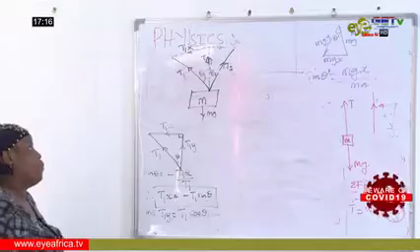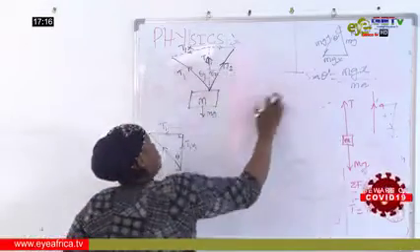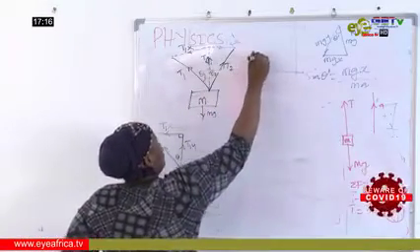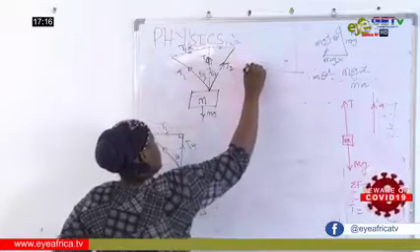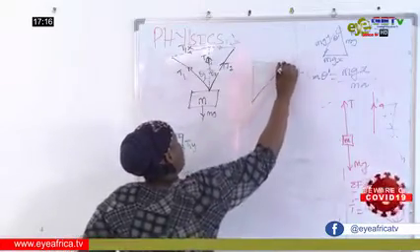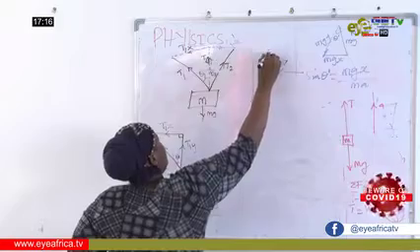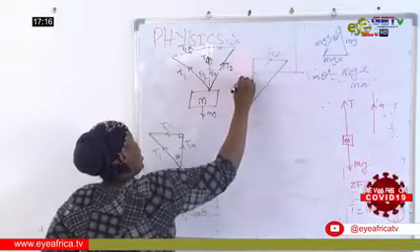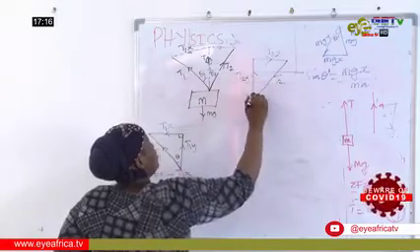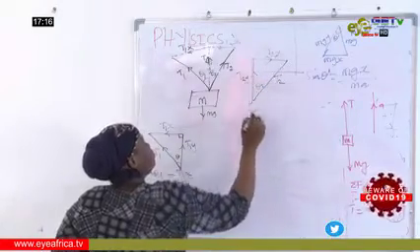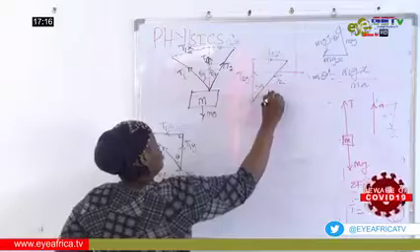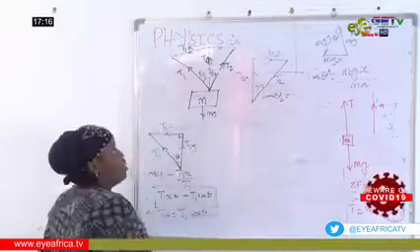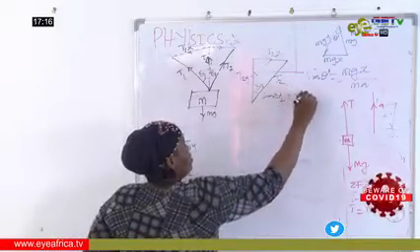We do the same thing for the second tension. You extract the triangle as it appears on the diagram. This will be T2 of x. This is T2 of y, and that's T2, that's angle theta 2. So we use sine theta 2 is equivalent to T2 of x all over T2.